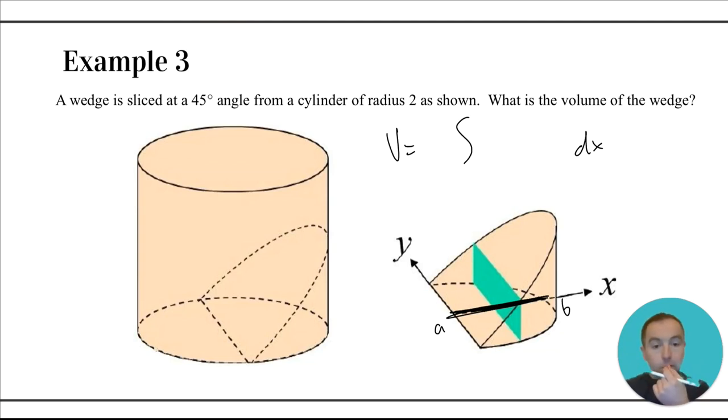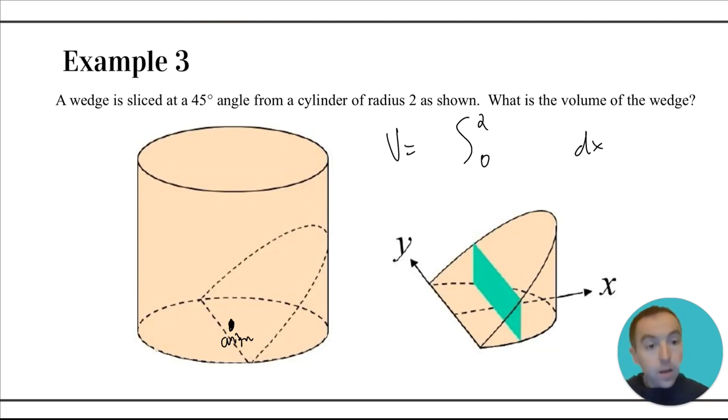If we think of the cylinder as having the origin right there, we could think about this number as being 0. And because we know the radius of the cylinder is 2, this black distance is the radius, so the coordinate along the x-axis right there is 2. So we're going to integrate from 0 to 2.